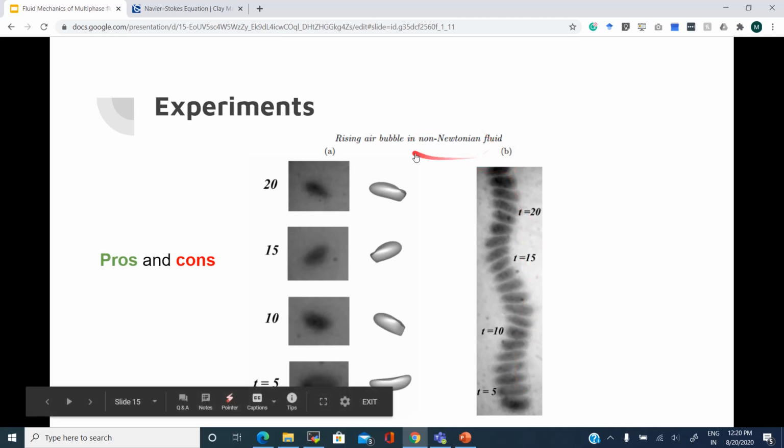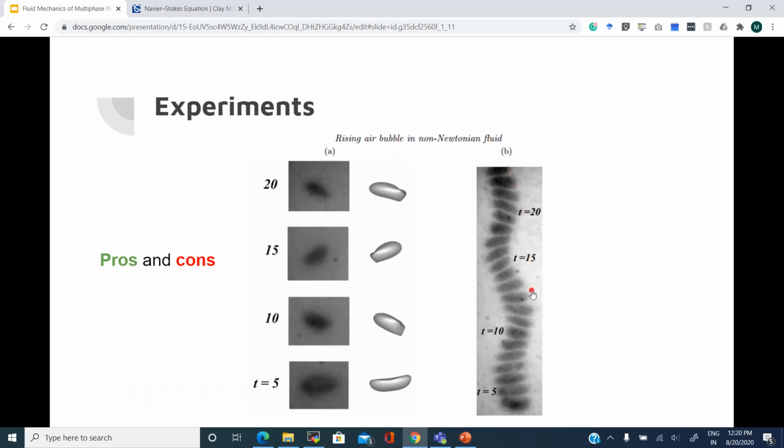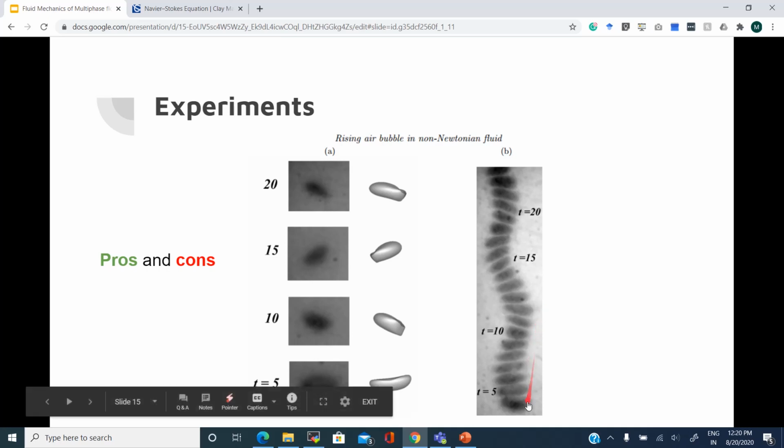We'll talk about what a non-Newtonian fluid is. But in this case, this particular fluid is translucent. You cannot see through it completely. And this is an air bubble. In this picture, I have overlapped the bubble shapes at different times on the same image. So you can see the bubble shape at t equal to 5, t equal to 10, 15 and 20 and so on.